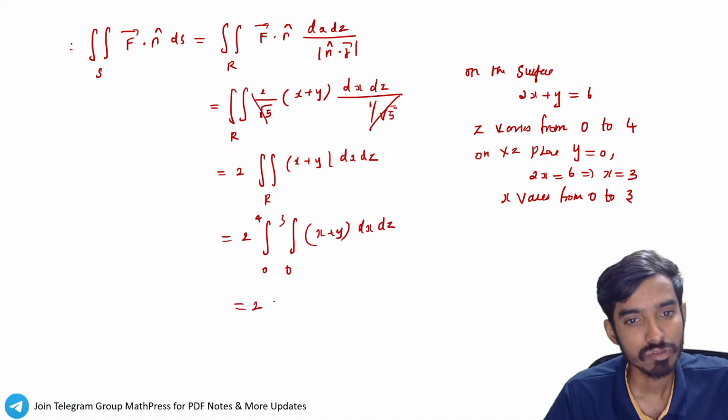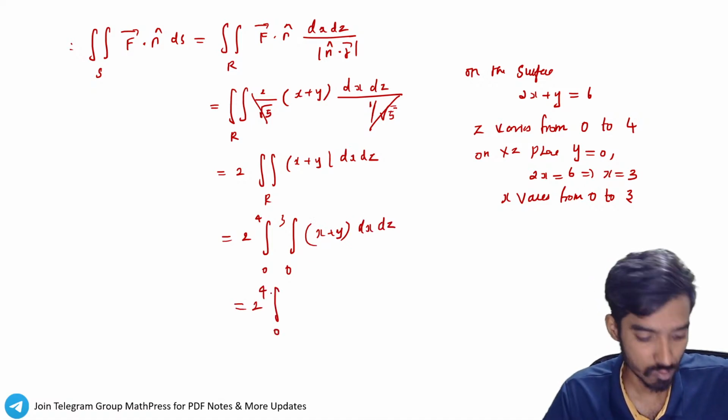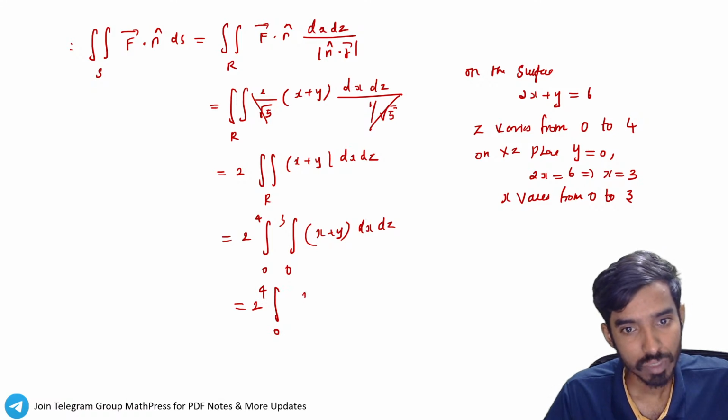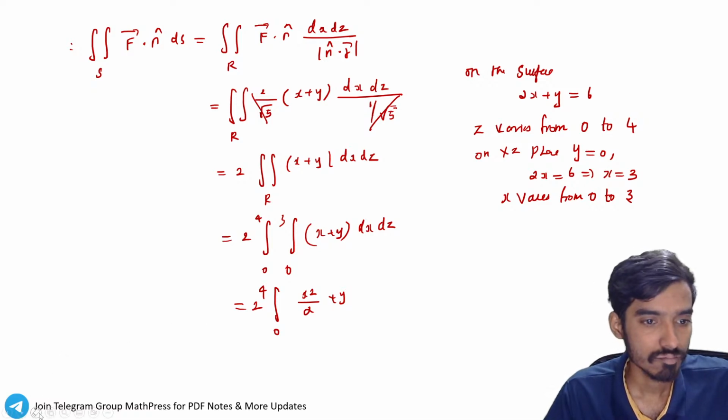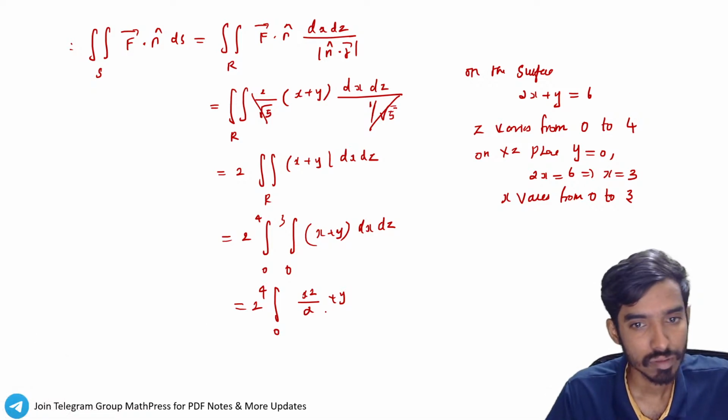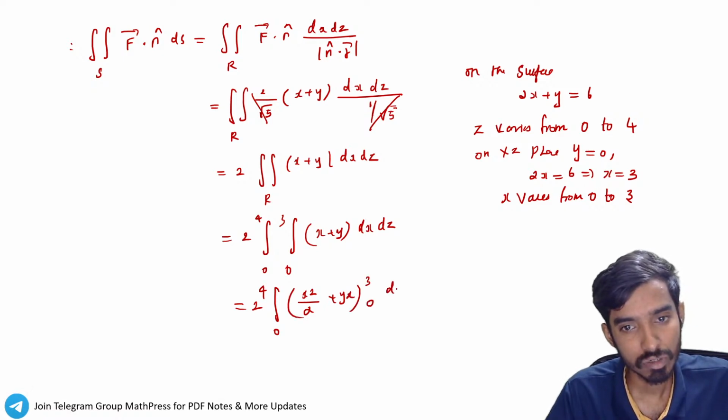So 2 times the integration from 0 to 4, of x square by 2 plus yx from 0 to 3 dz. So 3 square, 9 by 2 plus.